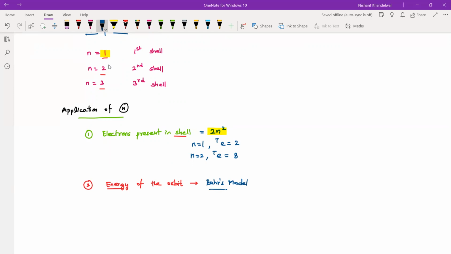If you know the value of n, just like energy, you can also calculate the radius of the atom, or the distance of the orbit from the nucleus. Like how far the first orbit is located from the nucleus, the second orbit, the third orbit, and so on. You can find out the radius, and this we will again discuss in Bohr's model.